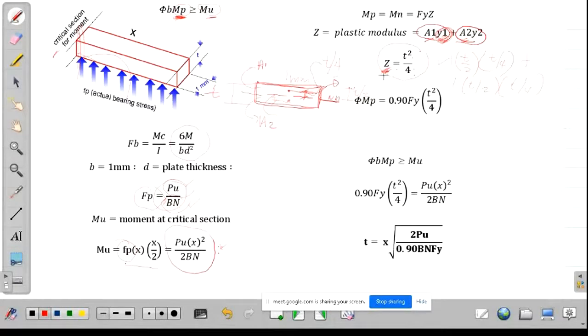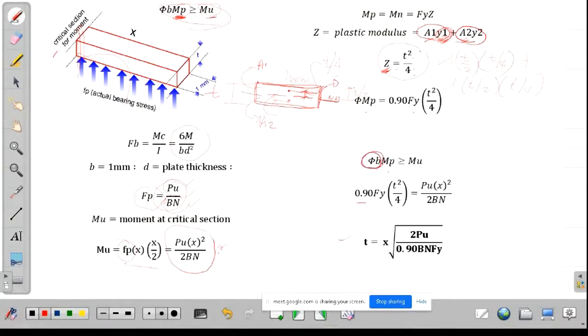So meron na tayong equation for Z, meron na tayong equation for MU. Pag sinubstitute natin dyan, yung values, ito yung makukuha nating equation. Okay? That is in LRFD kasi 0.9 yung ginamit natin.